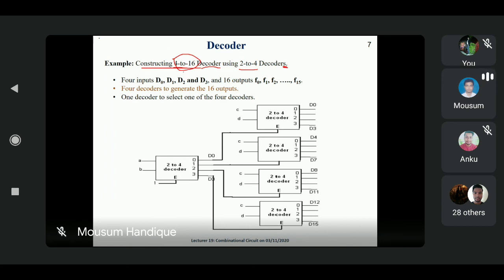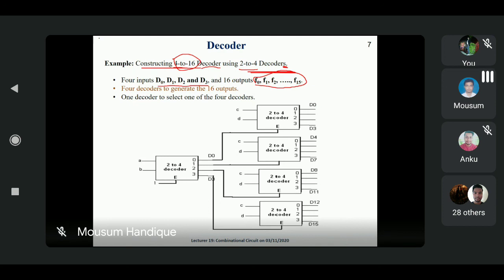When constructing the 4 to 16 decoder, based on the decoder properties, the inputs are D0, D1, D2, D3. The outputs are 0 to 15, because 2 to the power 4 is 16, so 16 outputs are generated.